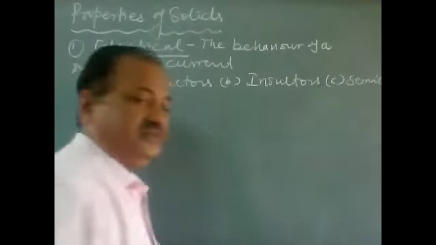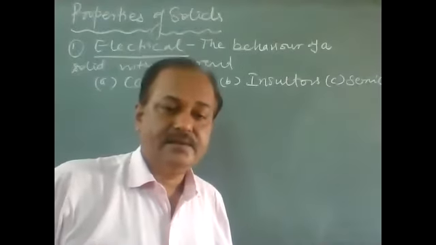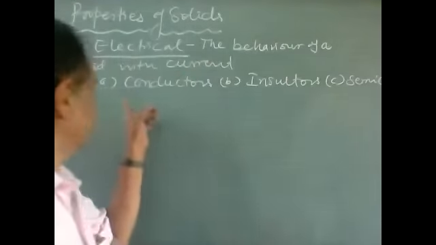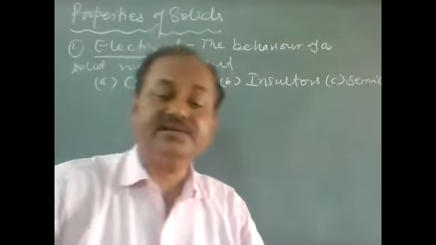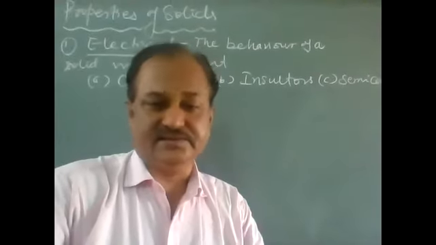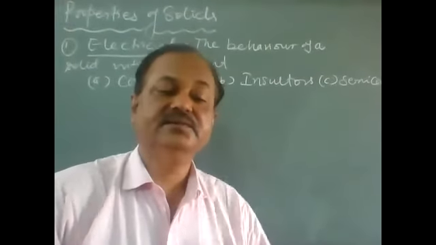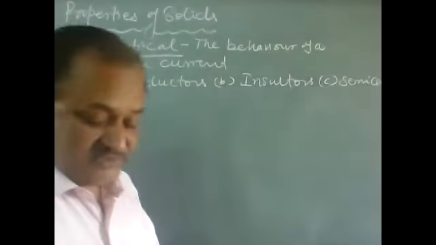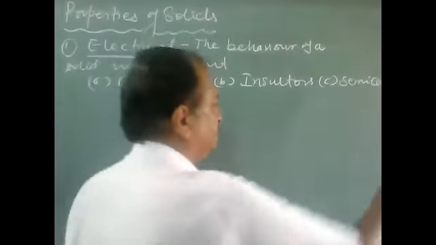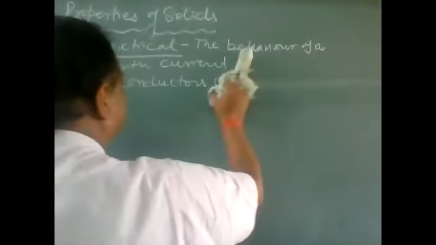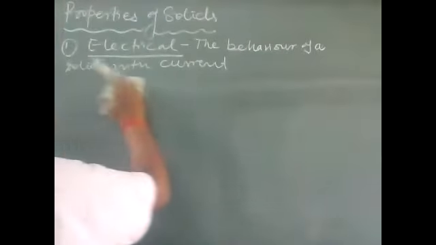So there are three categories: conductors, insulators, and semiconductors. Now I am going to explain about the three.